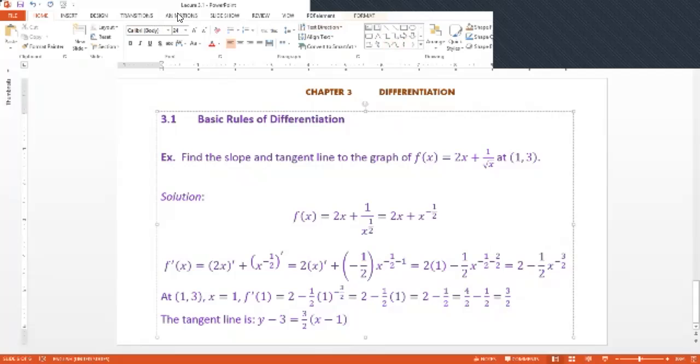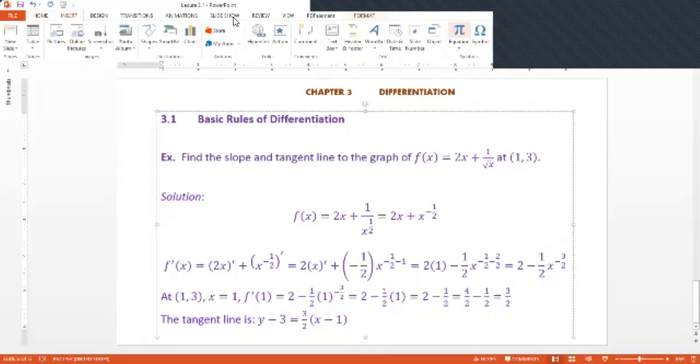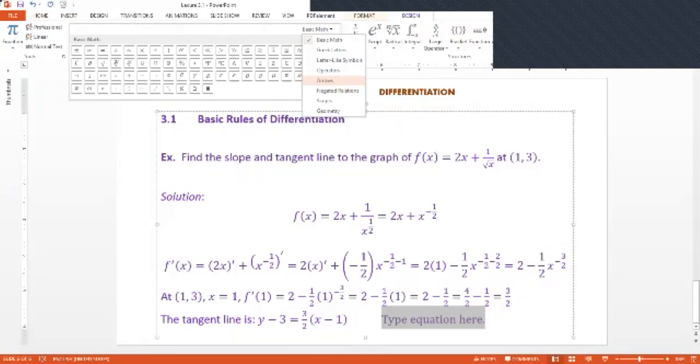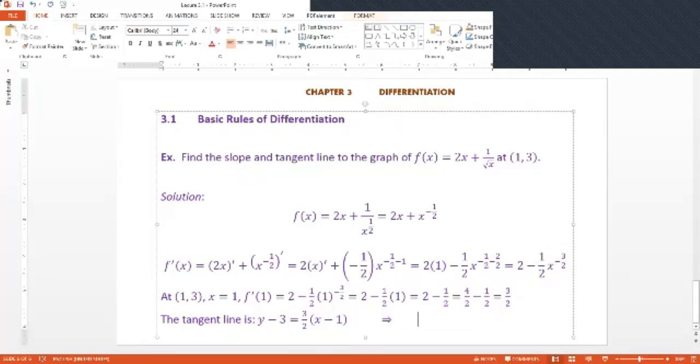If we multiply 3/2 on the right side and combine like terms, we get y minus 3 on the left hand side, and 3/2 x minus 3/2 on the right if you distribute it.